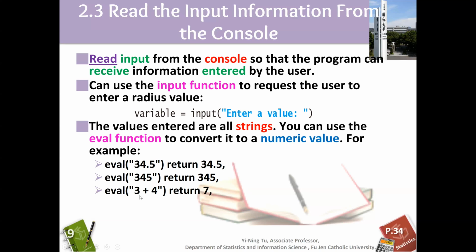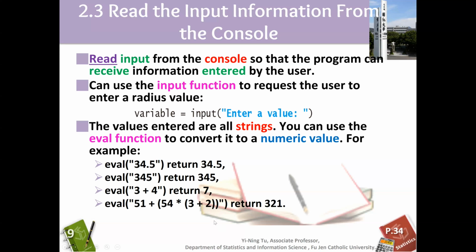When you enter a string like this and you want to transfer it with eval, it will treat each part as a number. And the plus is an operator, so it will calculate it. So finally, you will get 7 as the return value. And of course, it can handle a very complicated formula.